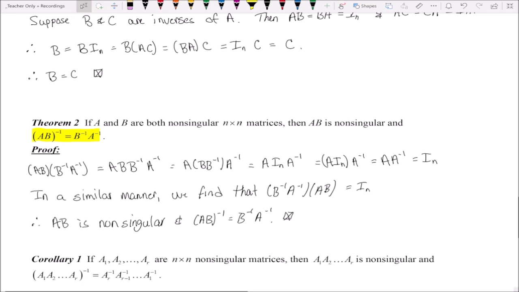And its inverse is Ar inverse times A(r-1) inverse, and so on and so forth, times A1 inverse. In other words, if you take the product of non-singular matrices, it has an inverse. And its inverse is found by taking the inverse of each matrix and writing the product in opposite order.